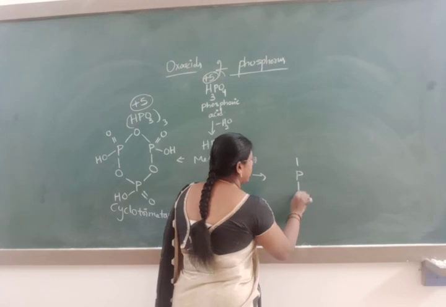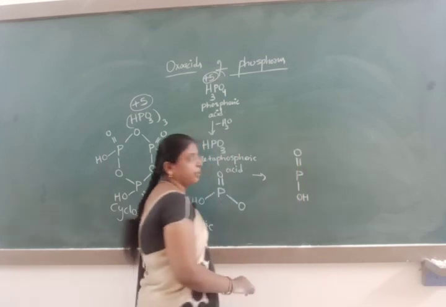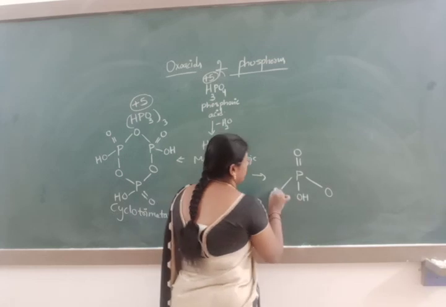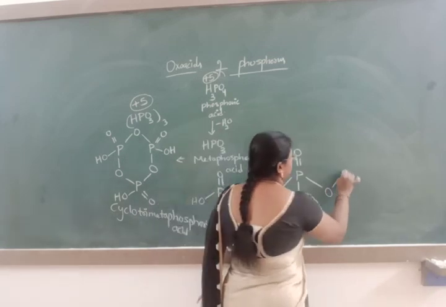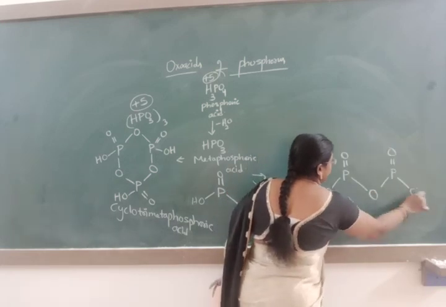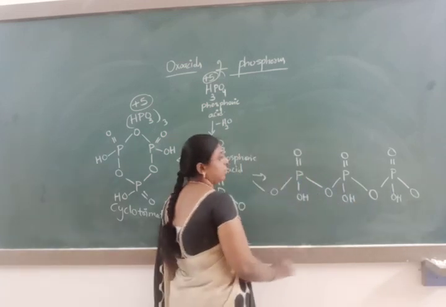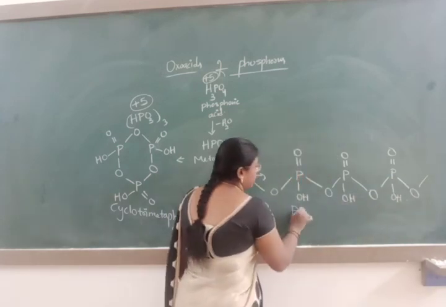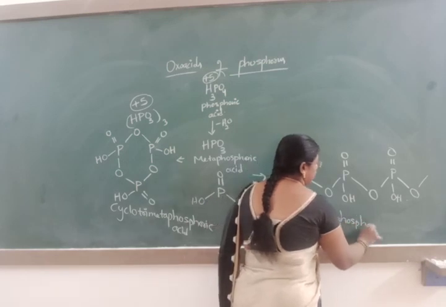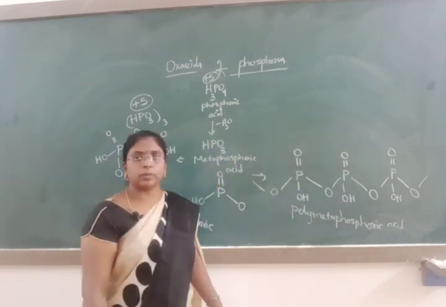Each phosphorus has P double bond O, attached with oxygen, and OH. Here it continues in this way, OH, OH, continuously. If it is in the form of a straight chain, we generally call it polymetaphosphoric acid.